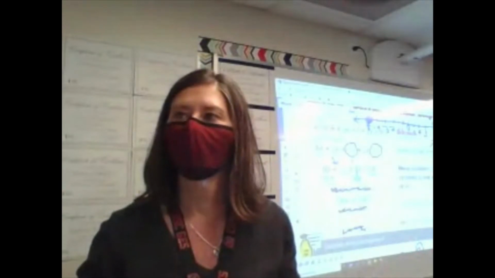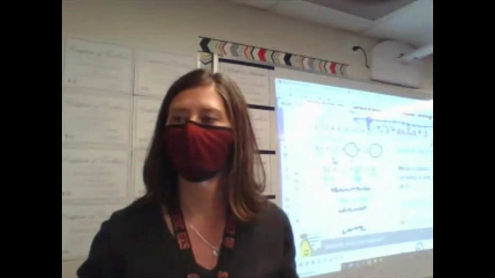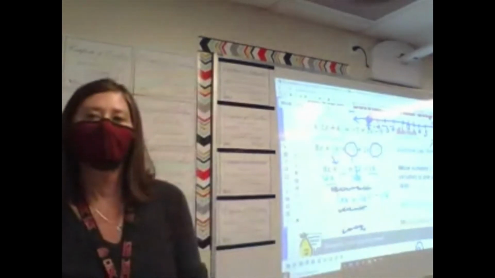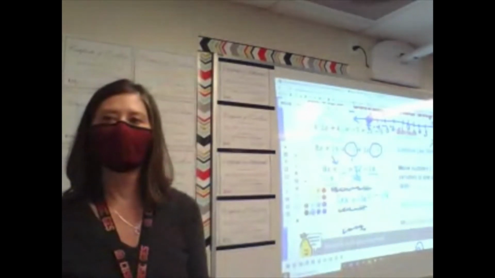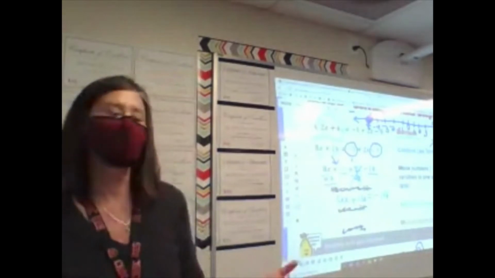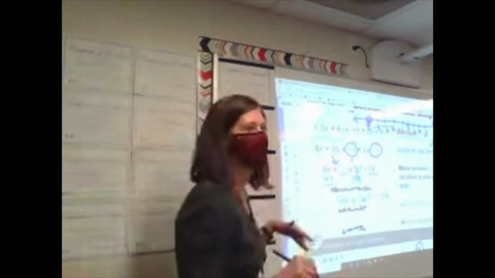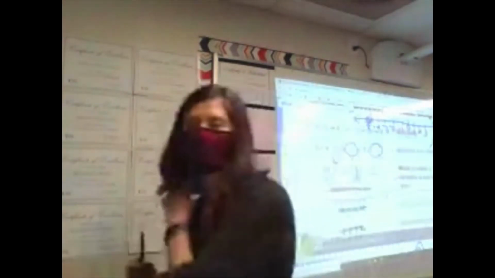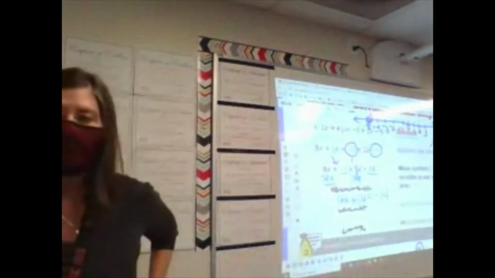So my negative 14 just drops down here. Okay. Now what do I want to do? Now it says I want to use addition and subtraction to move the constants away from the variable. What number, Olivia, what number do I want to add or subtract to get it away from the variable?